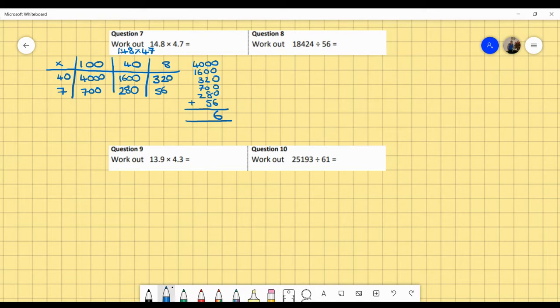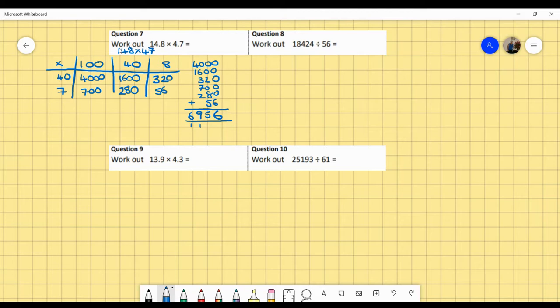We've got 2 8s, that's 10, add the 5 gives me 15, so 5, carry the 1. Then 6 add 3 is 9, add 7 is 16, add the 2 is 18, add the 1 is 19, so carry the 1. 4 add 1 is 5, add this one down here, gives me an answer of 6,056.